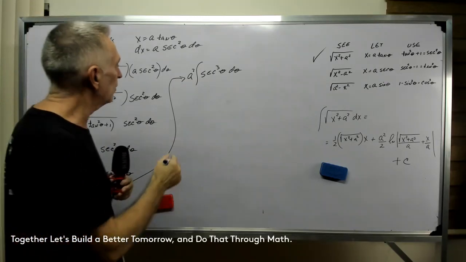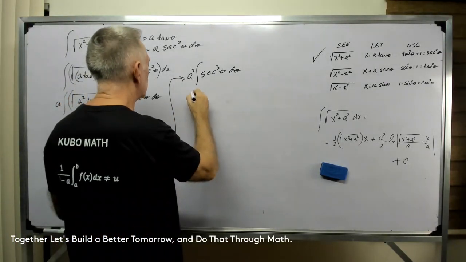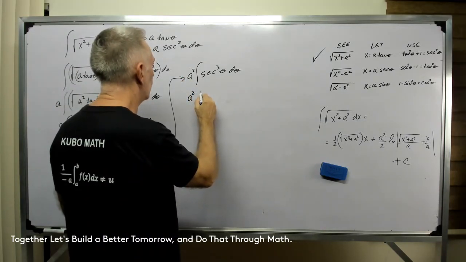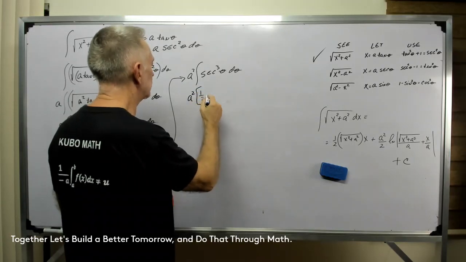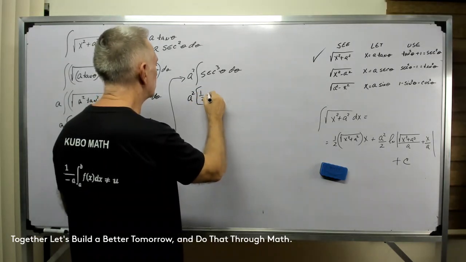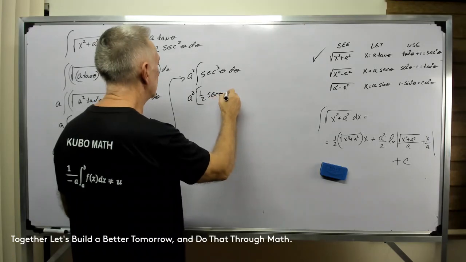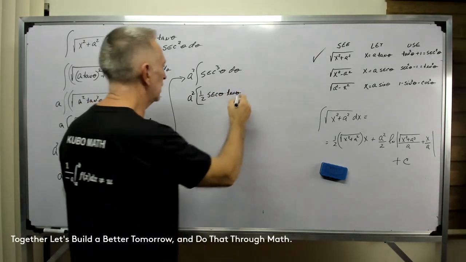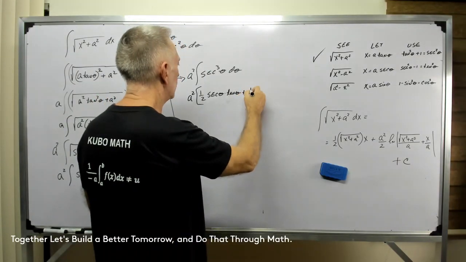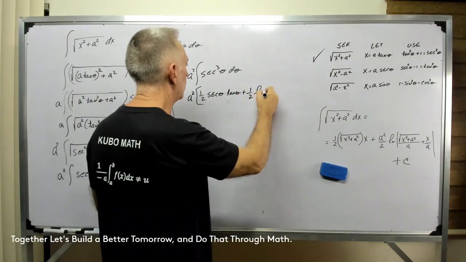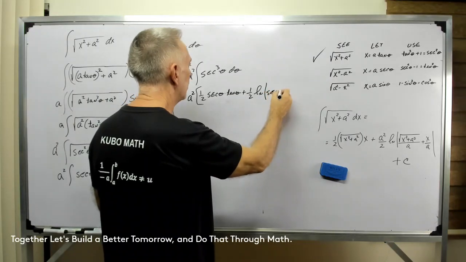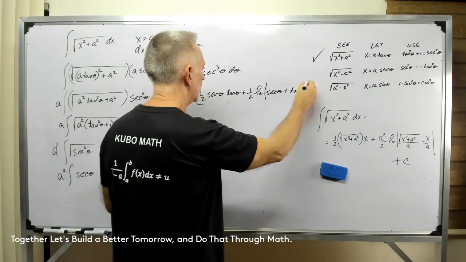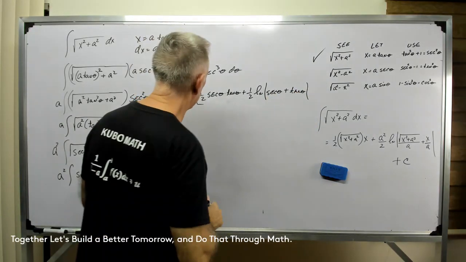Do you remember that one? Well, it's a squared, that's our a squared here, times 1/2 secant theta tangent theta, those multiplied together, plus 1/2 natural log of secant theta plus tangent theta, and that's all in absolute value.